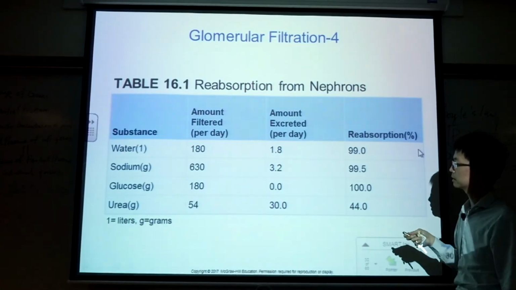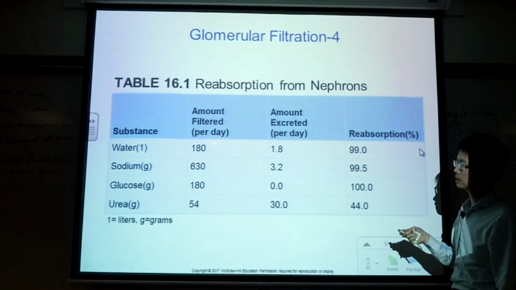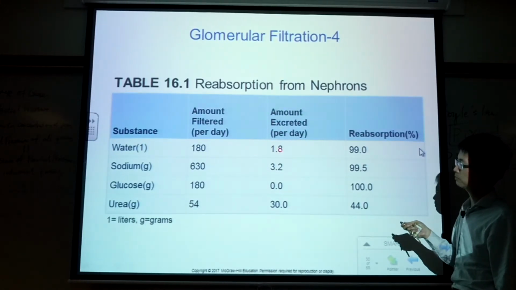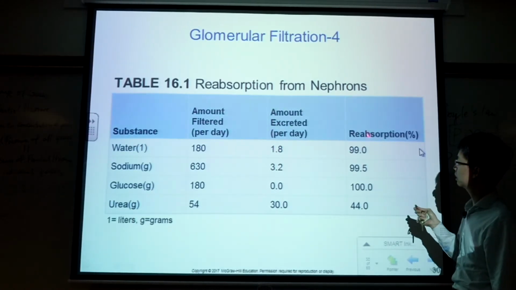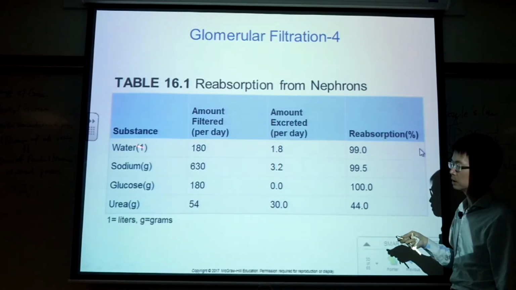So you can see that we filter 180 liters of water, and then we only excrete approximately 1% of the water because we reabsorb approximately 99% of the water back to our body.